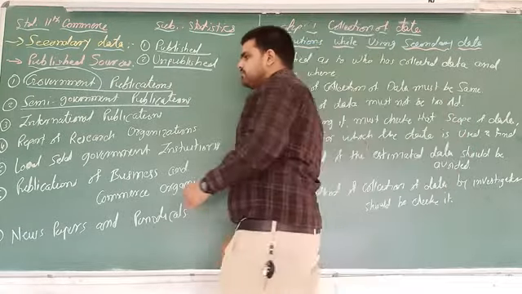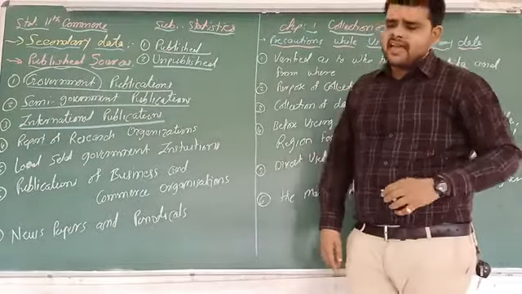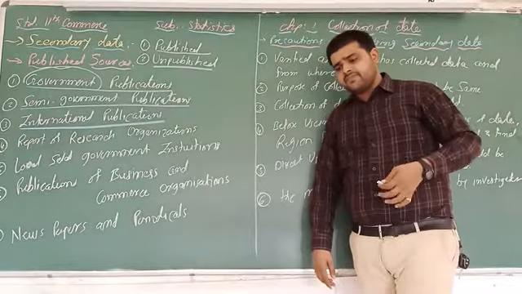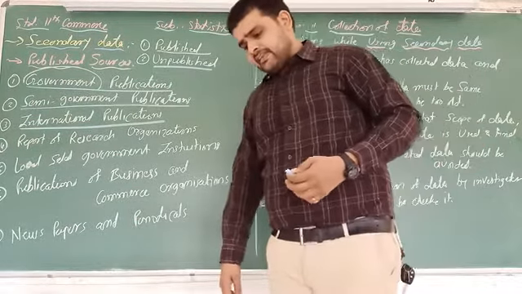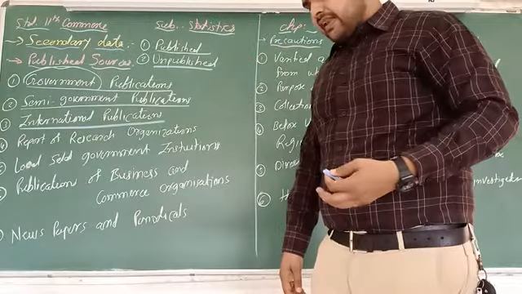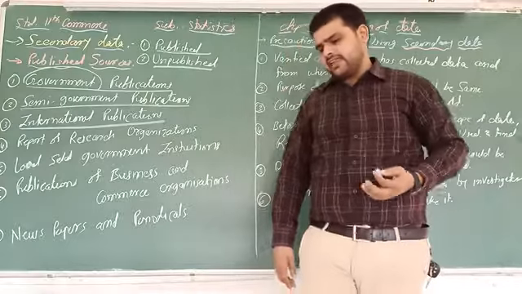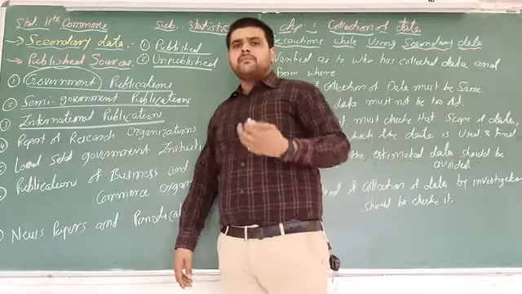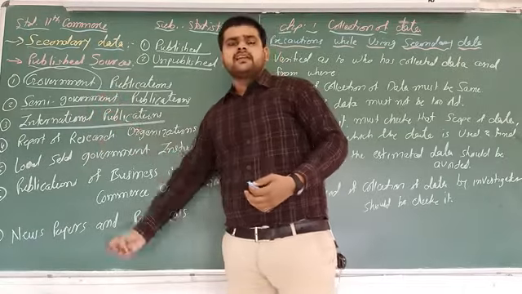Next, number 3, international publications. The data which is introduced by international level authorities. For example, IMF, International Monetary Fund. Number 2, the International Labour Organization. The data published by them is called international publications data.